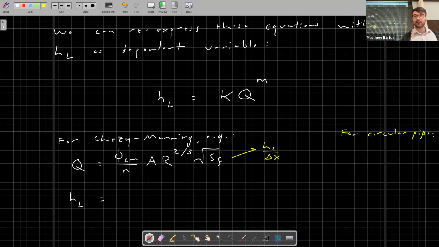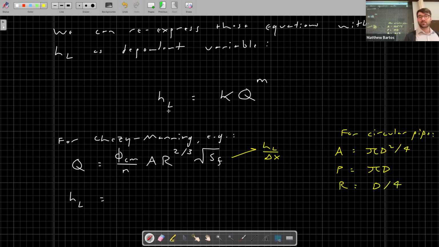we have that the area is equal to pi d squared over 4. The wetted perimeter is equal to pi d, and the hydraulic radius is equal to d over 4.